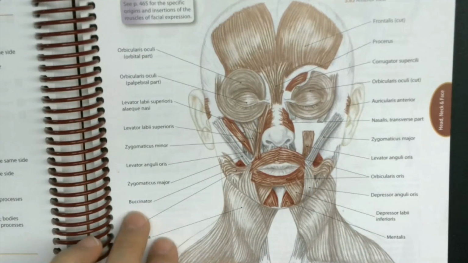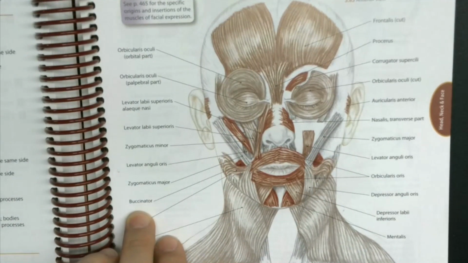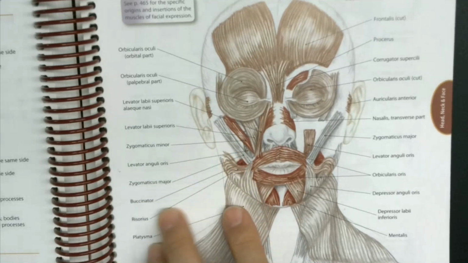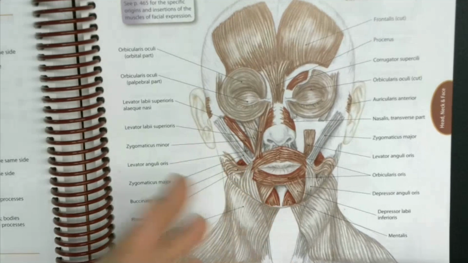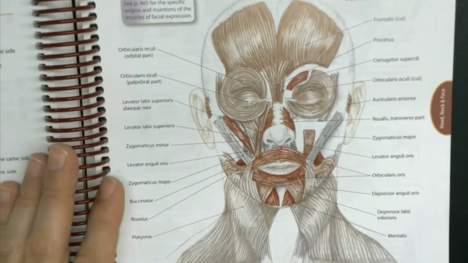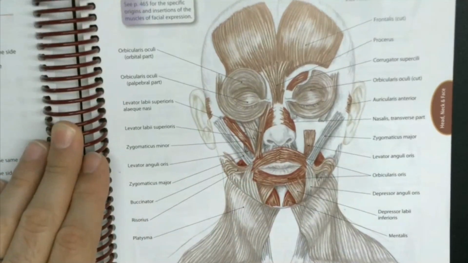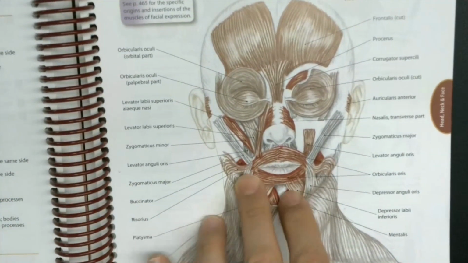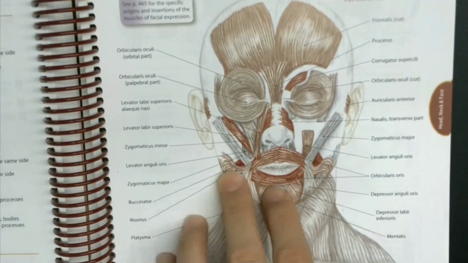Some other cool muscles is the buccinator, which tightens up the cheeks. Usually used for like if you're playing a horn or blowing up a balloon or something. That's going to tighten up the cheeks and everything. Risorius kind of helps along the sides.